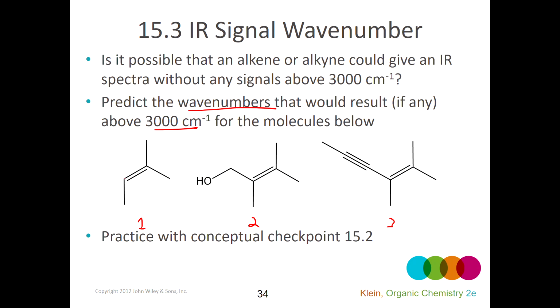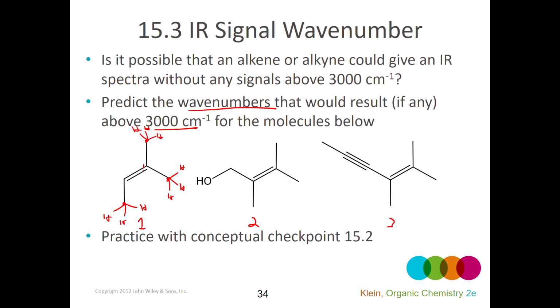Well, what we see is when we're looking around 3000, we're looking at the CH bonds, not the CC bonds. And a lot of students make that error. So try to make a mental note of that as strongly as possible for yourself. The CH bonds are what come around 3000, either just below or just above. So all the CH bonds here should all be below 3000 because these are all sp3 hybridized carbons.